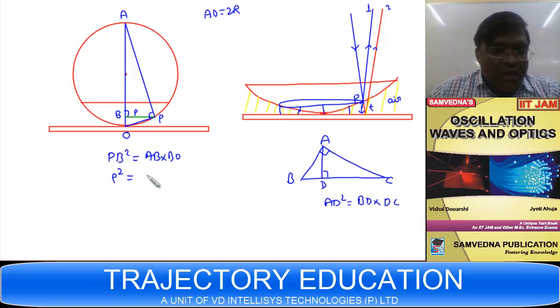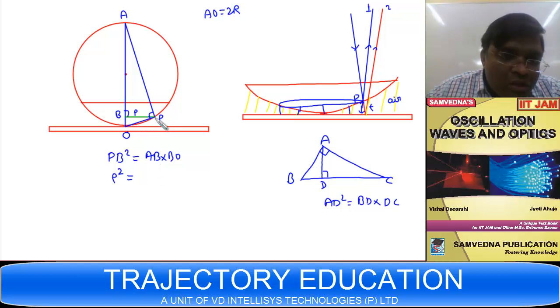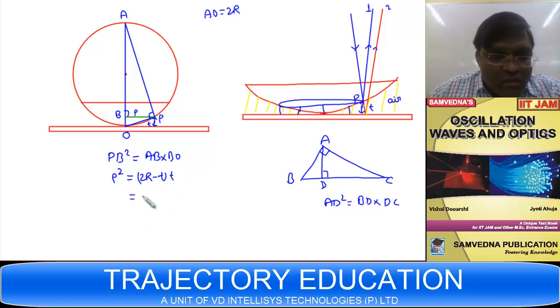So PB square is rho square and AB is what? Suppose the thickness of the film over here is T, then AO is 2R, so AB will be 2R minus T, and this is T, so this is 2RT minus T square.